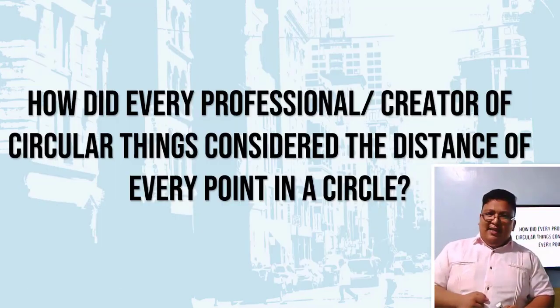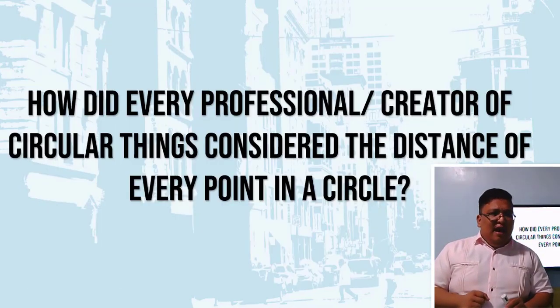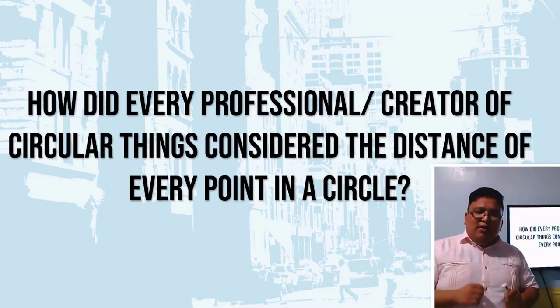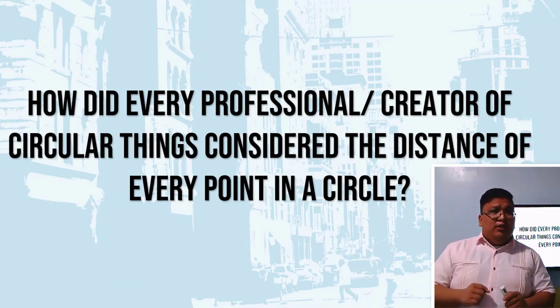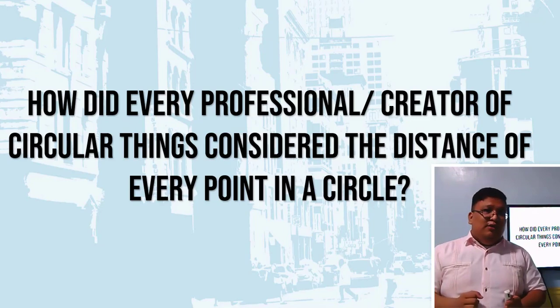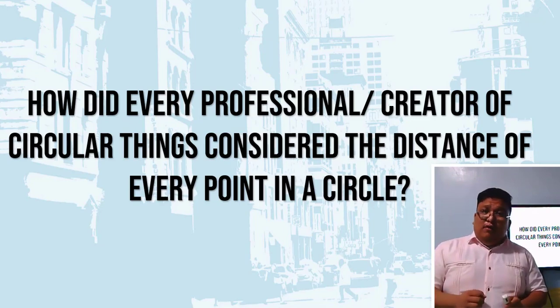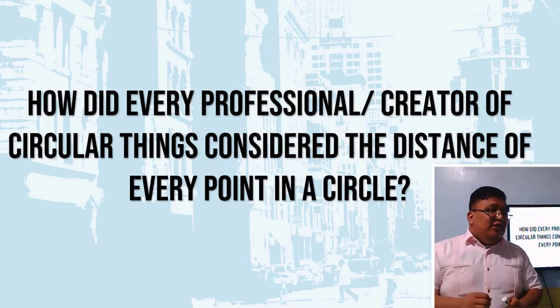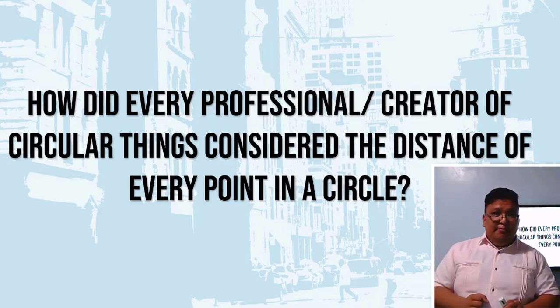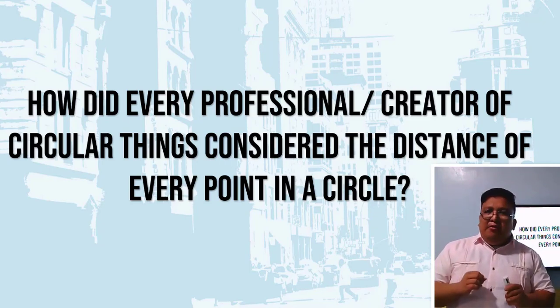How did every professional or creator of circular things consider the distance of every point in a circle? We already reviewed that center is equidistant from any point on the circle. Therefore, it is very crucial for a professional to measure the distance of every point in the circle to provide balance. And how do they compute it?